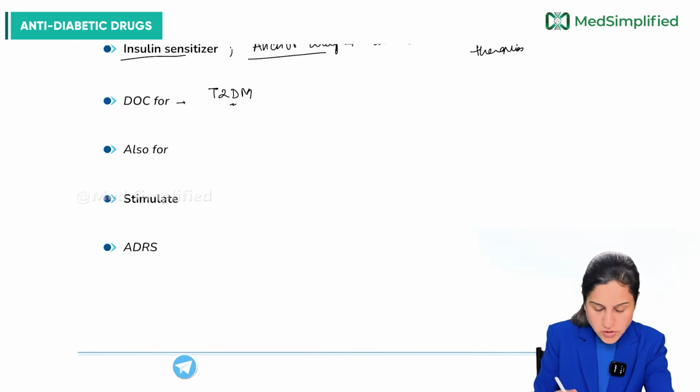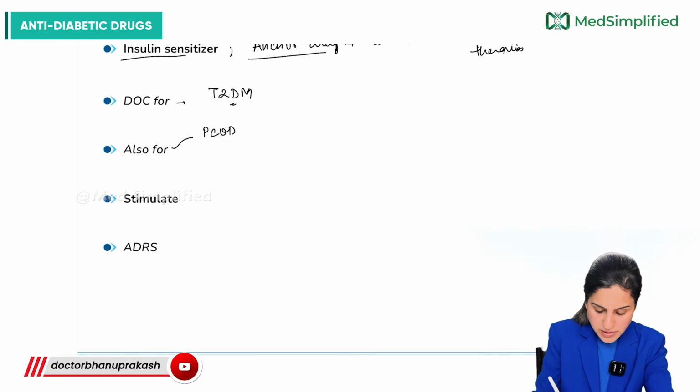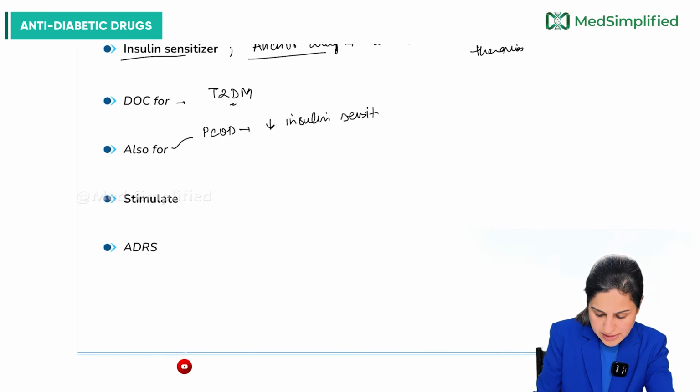It is also used for other conditions like PCOD, polycystic ovarian disease, where it leads to a decrease in insulin resistance.